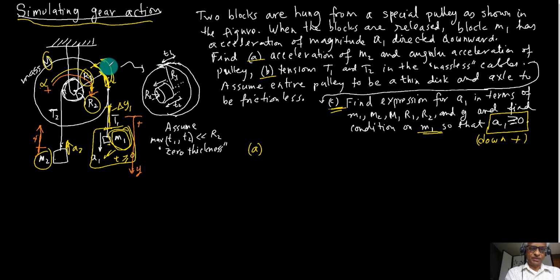So this distance over here is how much this will be. So that will be delta y1 in some delta t, some duration. Agreed?